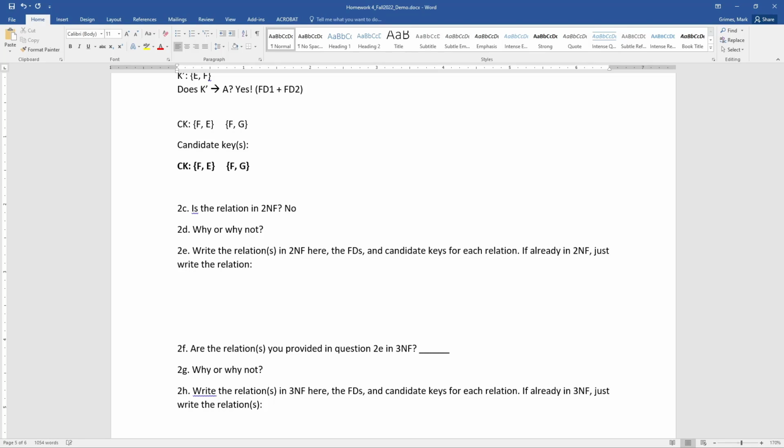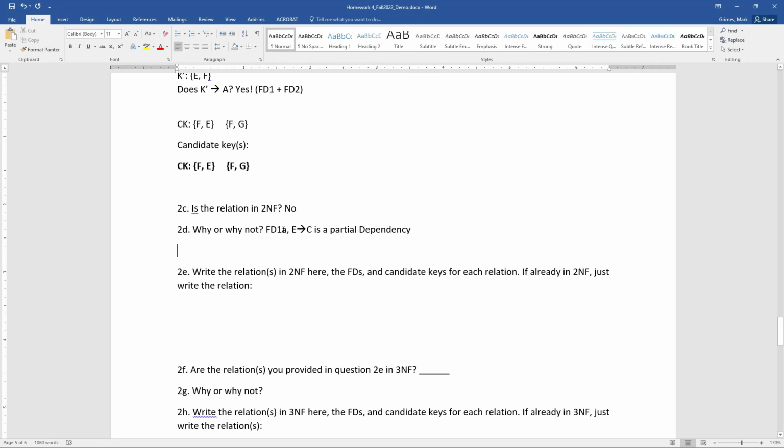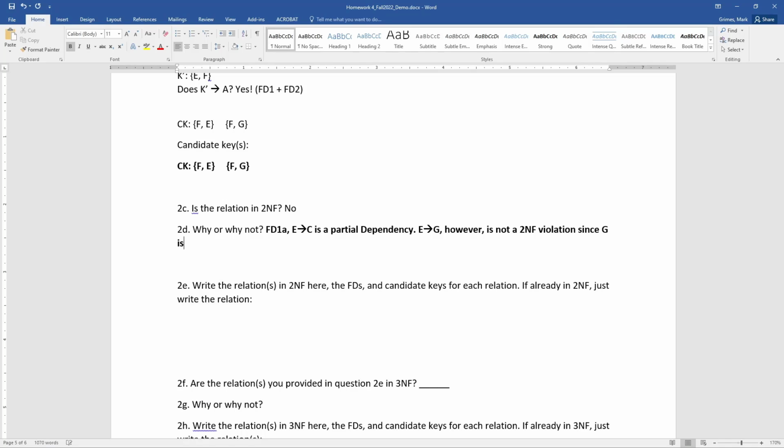Why or why not? Functional dependency 1A, E functionally determines C, is a partial dependency. And while it's not required here, if we wanted to be even a little bit more complete in our answer, we might go on to say E functionally determines G, however, is not a 2NF violation since G is a key attribute.